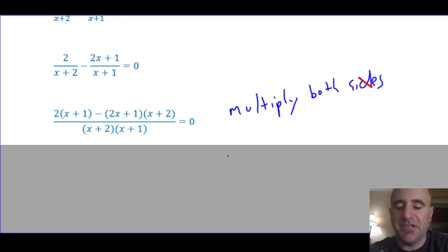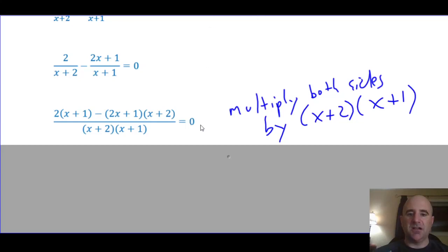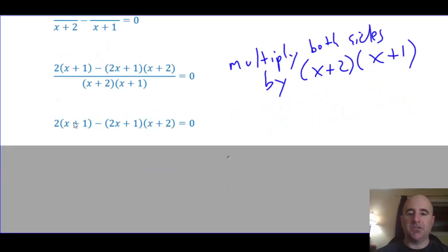So multiply both sides of the equation by x plus 2 times x plus 1. And when I do that, well, I still get 0, of course, on the right side, but on the left side, I'll multiply by x plus 2 times x plus 1, and the x plus 2, x plus 1 here will divide out. And so I no longer have a rational expression. And now it's just a matter of solving.